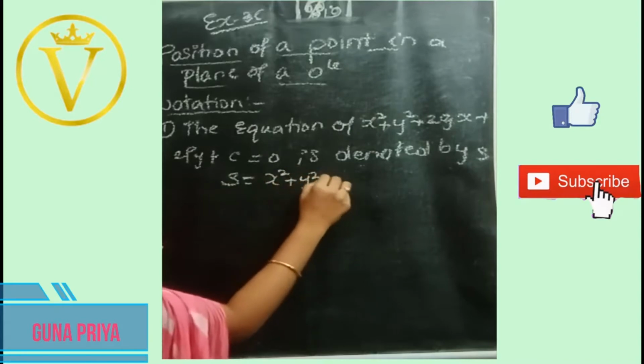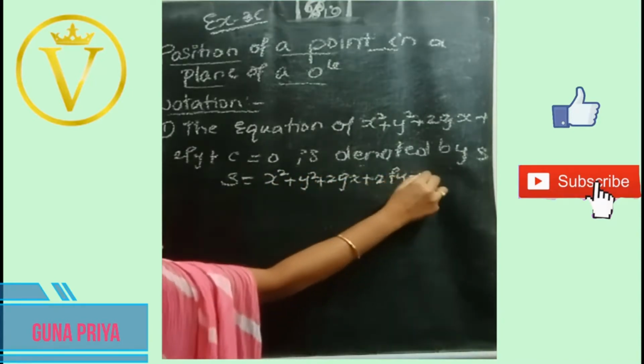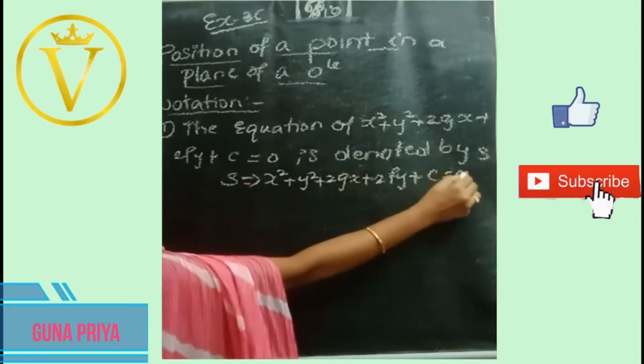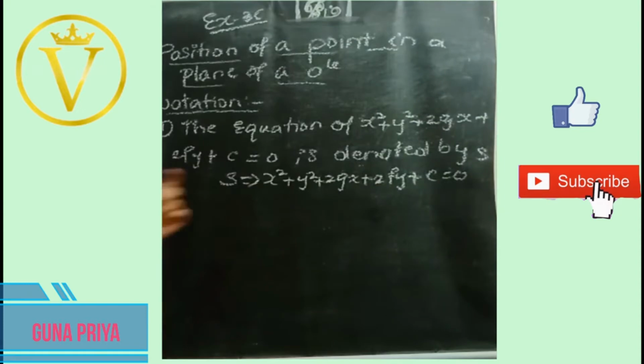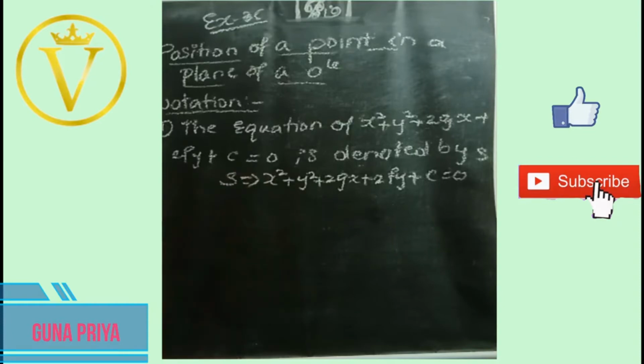By using this equation only we have solved exercise A and exercise B. Okay, this is the first note. The circle equation is denoted as S, that is x square plus y square plus 2gx plus 2fy plus c.